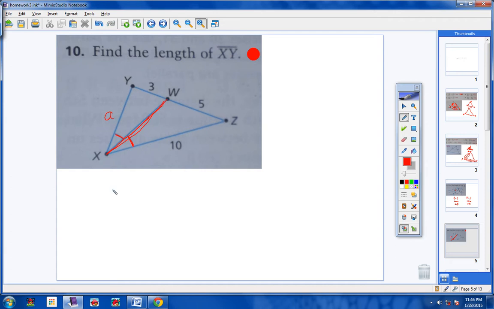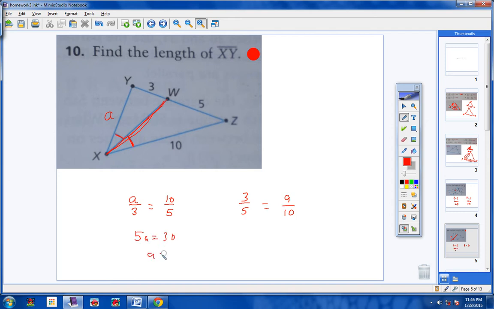So there's many different proportions you could write. You could say A over 3 equals 10 over 5. Or you could say 3 over 5 equals A over 10. Okay? Either way, you're going to get the same answer, which is 5A equals 30.